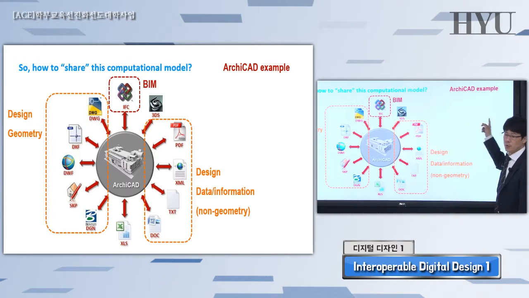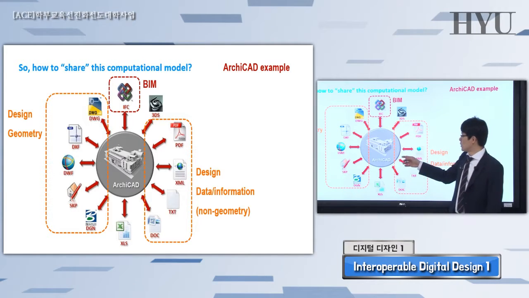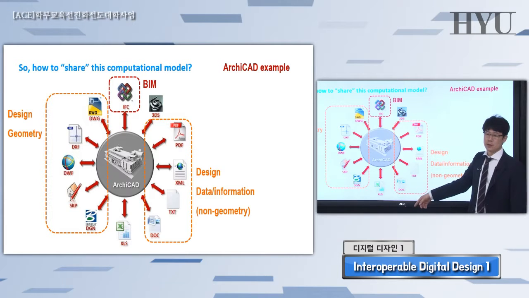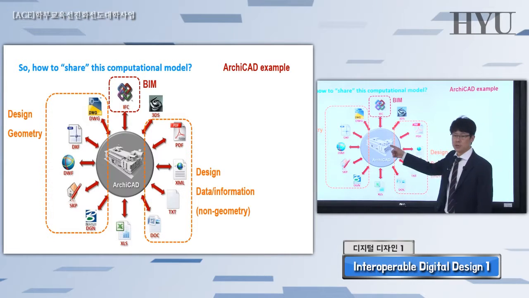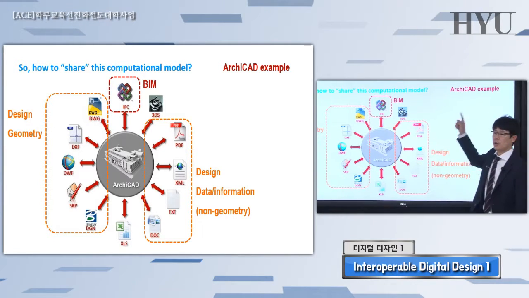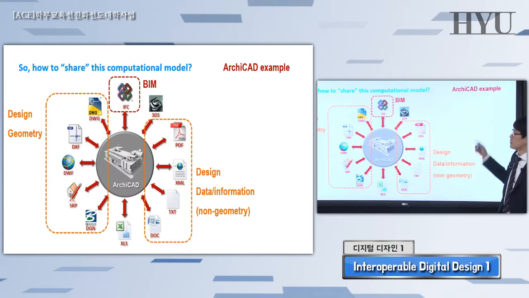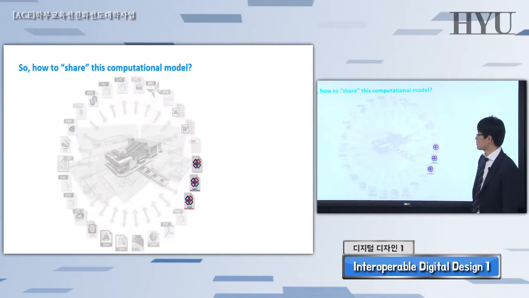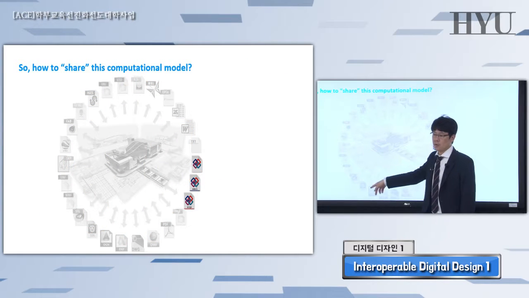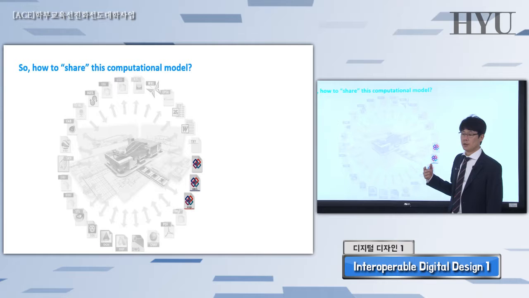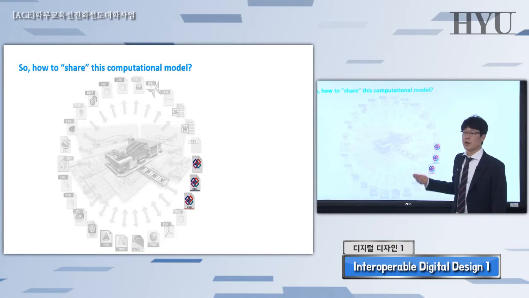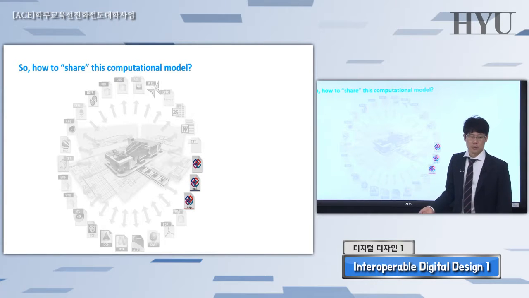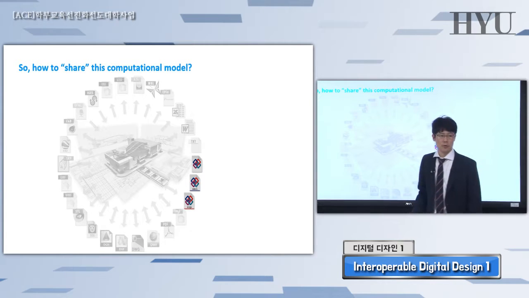Another one may use Revit. In that case, we can say human file exchange is equivalent to data exchange between this application and the other application, okay? In this process, in this shape, data exchange is really complicated and time-consuming and error-prone. Error-prone means something is always missing or something is wrong and so on.